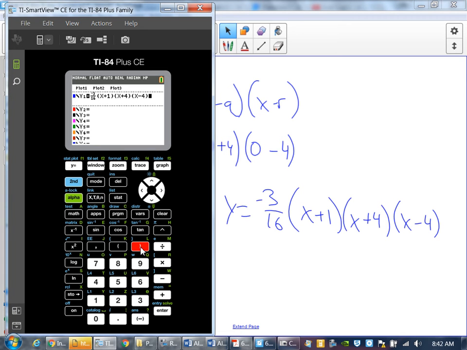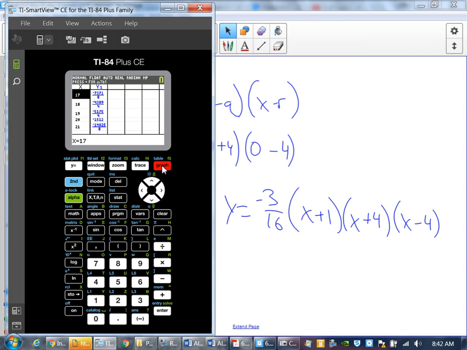And if I go right to my table, what ordered pairs should be in my table? The 4 ordered pairs they gave us. So I got to go back up. Oops, sorry, I went too far.